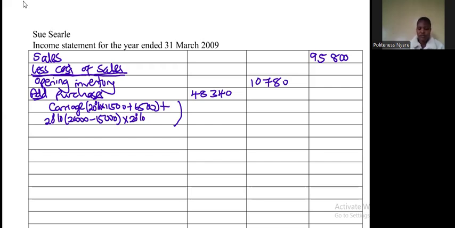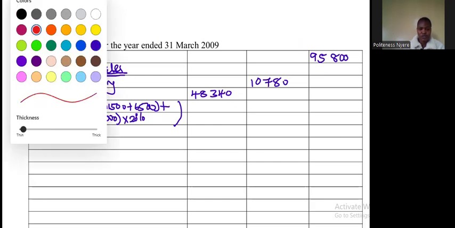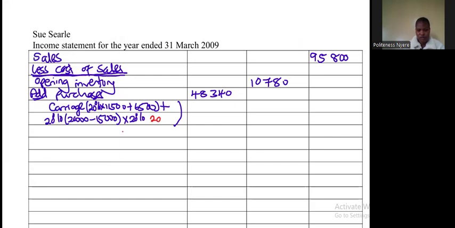If you just say 20% of 5,000, because 5,000 is the difference between 20,000 and 15,000, it gives you 1,000. So now we want the 20% of 1,000, which is 200. I'll just put it in red so that maybe you guys will understand. So here it is 200.